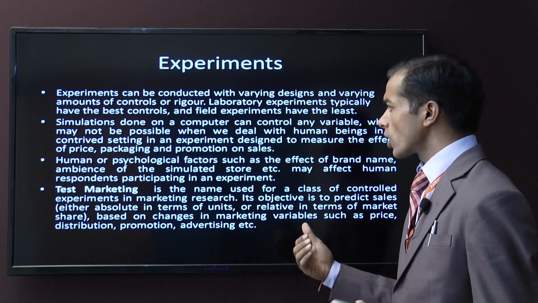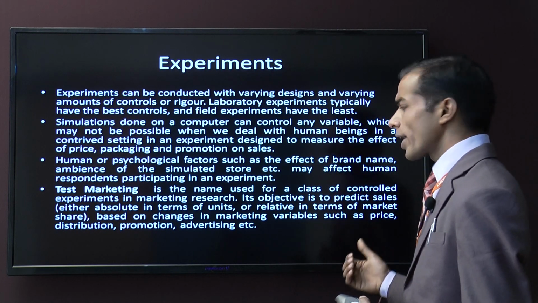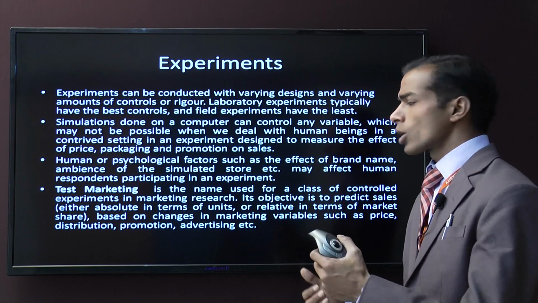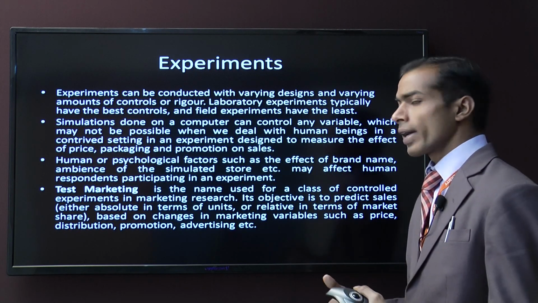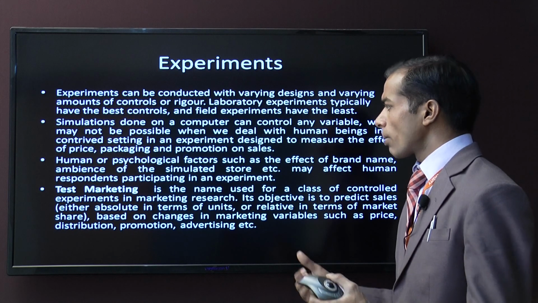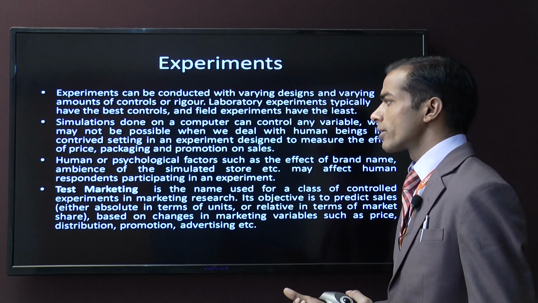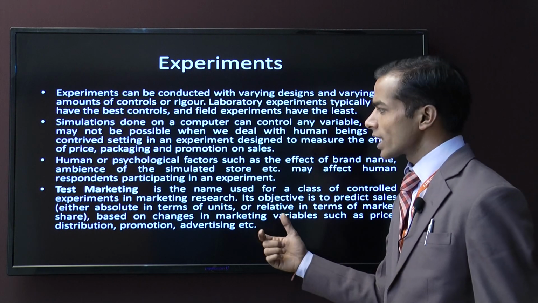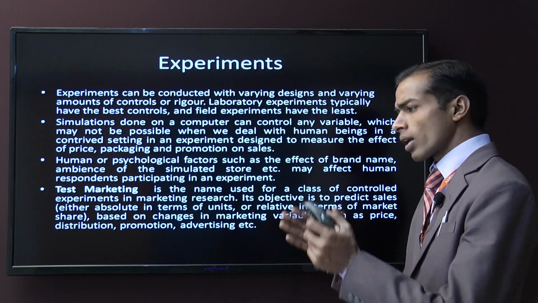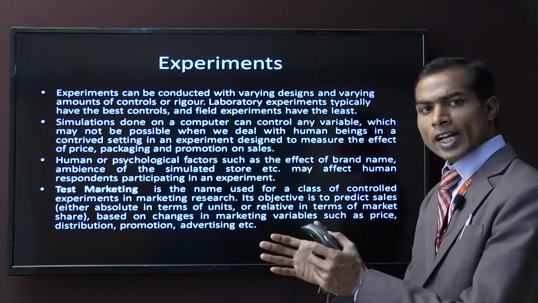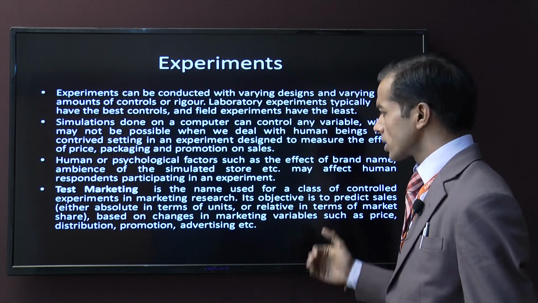Human or psychological factors such as the effect of brand name, ambience of the simulated store, etc. may affect human respondents participating in an experiment. That is also called test marketing. Test marketing is the name used for a class of controlled experiments in marketing research.